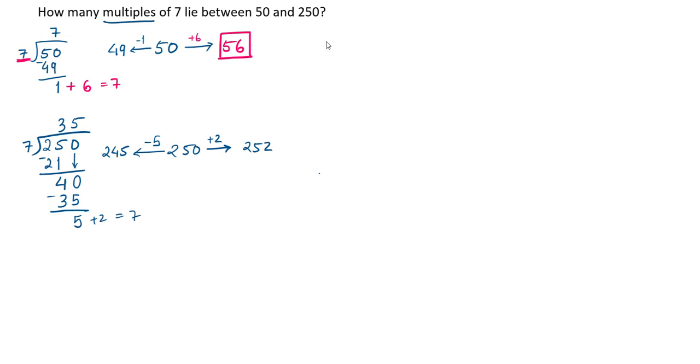So we can say all multiples of 7 between 50 and 250 will be: first is 56.